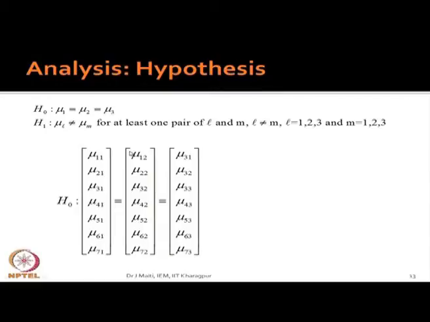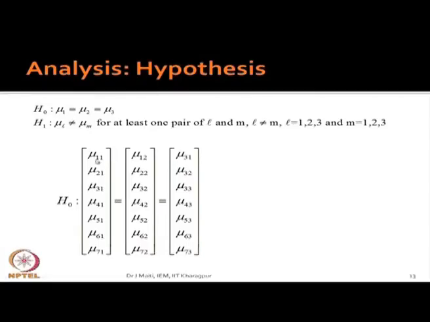Then your hypothesis: we are saying that all the groups are equal in experiencing the job stress. There are 7 risk factors, so 7 mean values will be there. Each of the mean values across the 3 groups is equal, and that is why you see what we are writing here, the first one demand, control, like this.